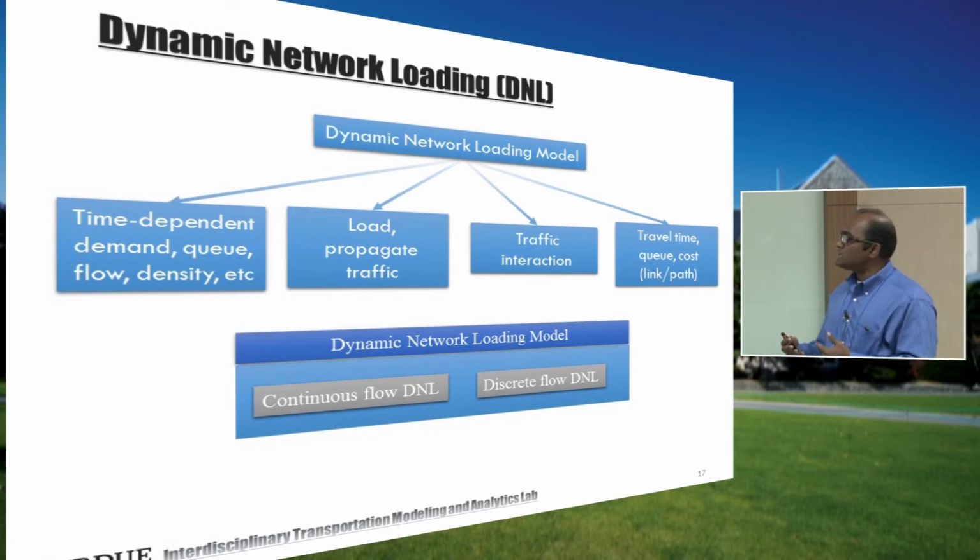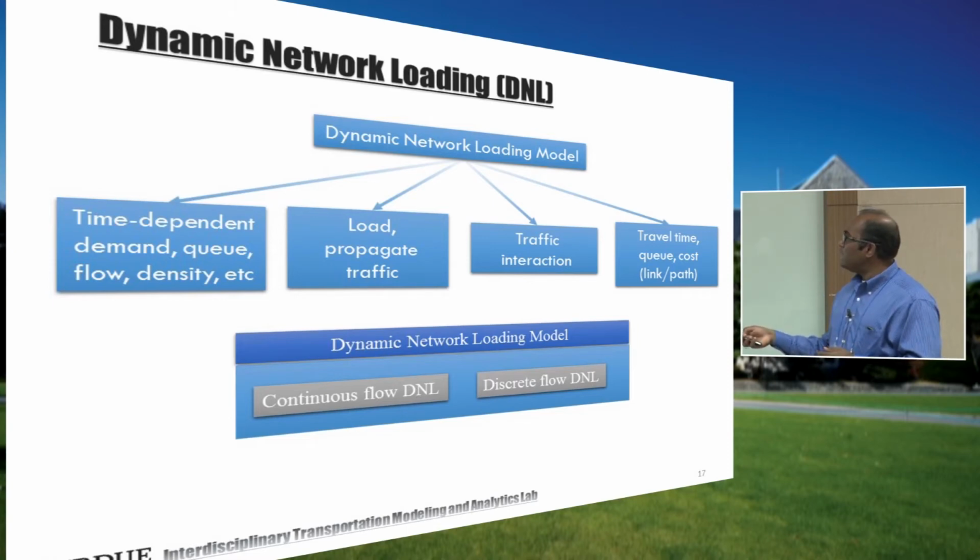Something which captures the interaction of the traffic, which finally tells us what is the time it takes for you to go from point A to point B when this number of vehicles are there on this link or path, right? And so it is like a black box, if you will, and different research groups have different types of black boxes depending upon the level of detail they would like to have, depending upon the type of resolution, and depending upon the type of modeling framework that they are using.